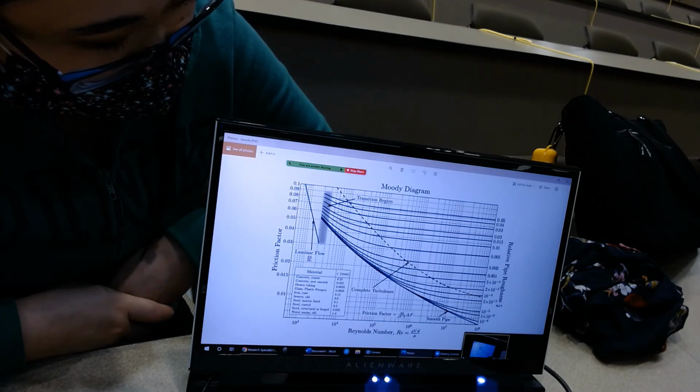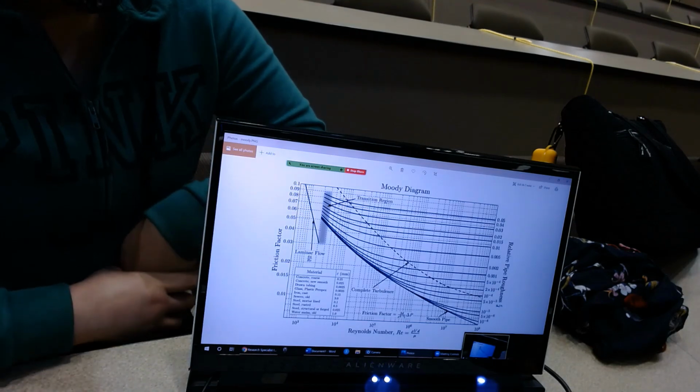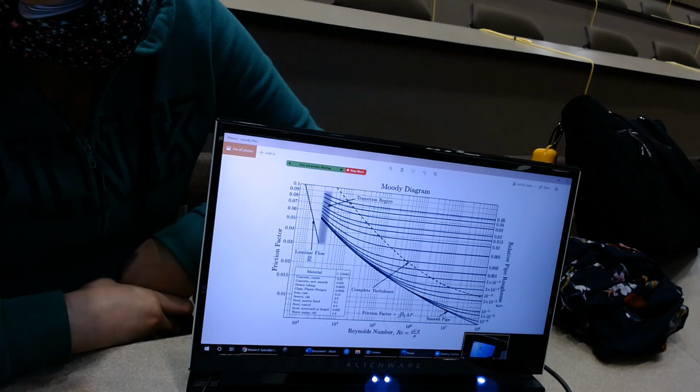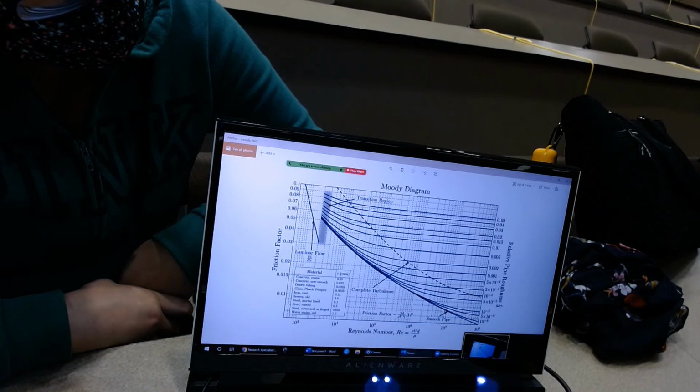In our case, we want 2.5 times 10 to the 5th. So you go over one grid line and then in between the 2 and the 3. We want something in the middle here, and we go up until you find the 0.002 line.